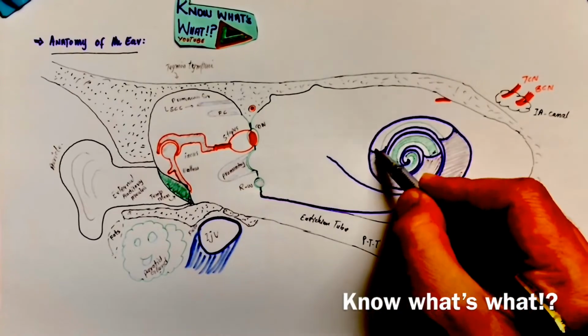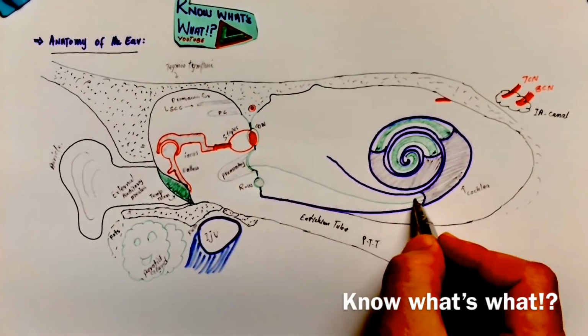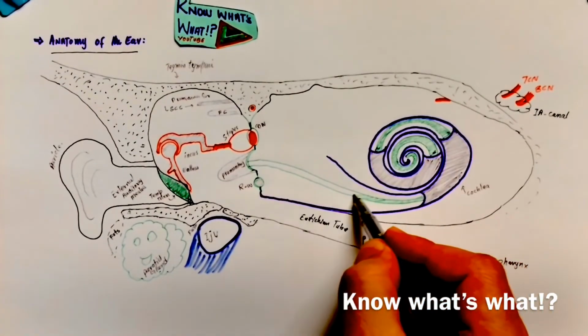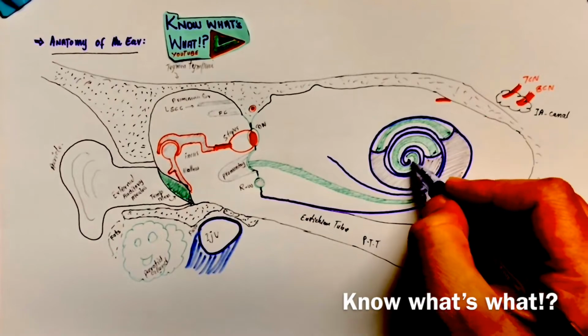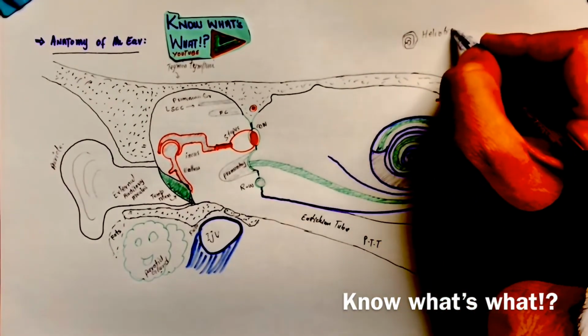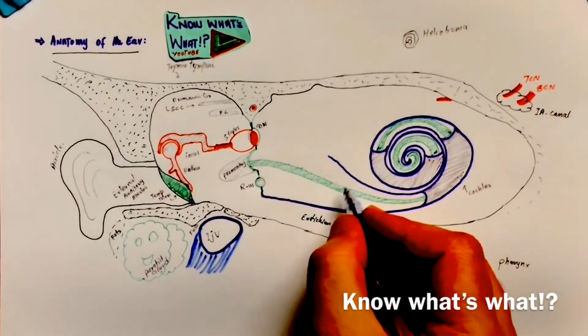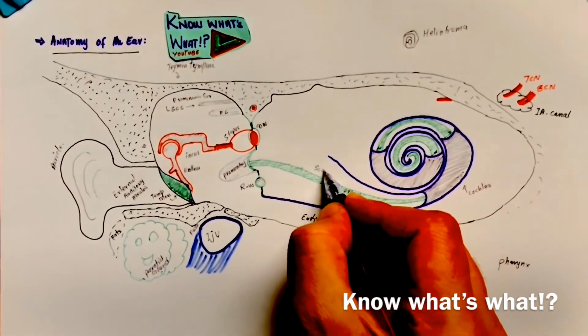So here in the green I draw the cochlear duct, and the cochlear duct has the endolymph. So if we label these areas, this is the helicotrema, the center, the spiral region, and here is the spiral organ or the cochlear duct with spiral organ.